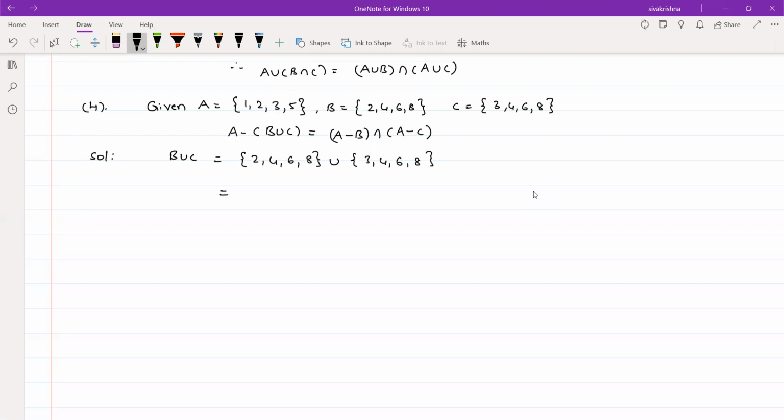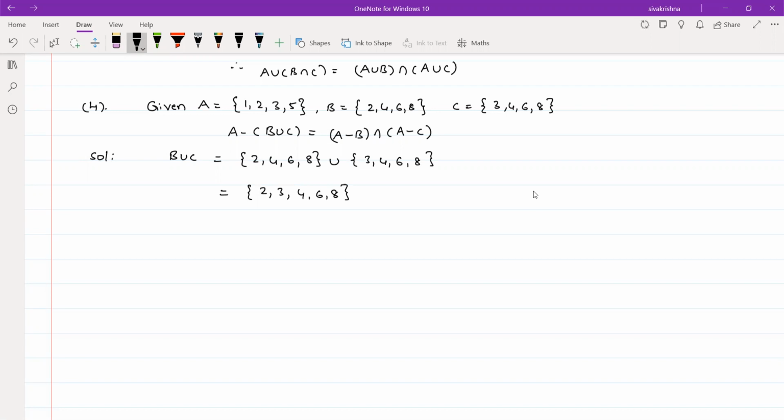Once again, union is nothing but we have to write all the elements present in both the sets. So I am writing 2 comma 3 comma 4 comma 6 comma 8. The elements which are repeated twice we have to write only once. Okay, and this is the set B union C.